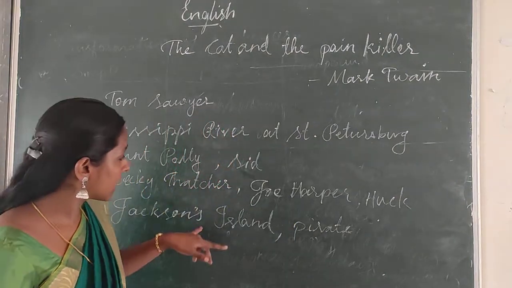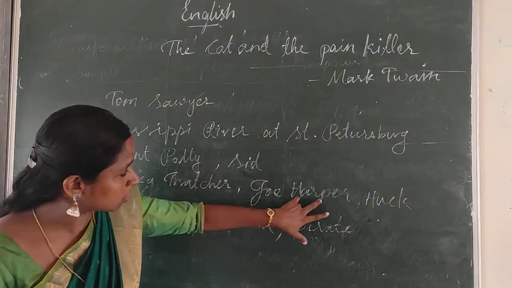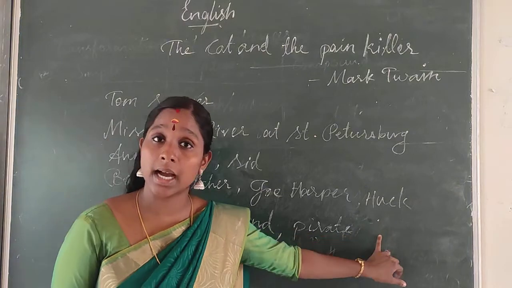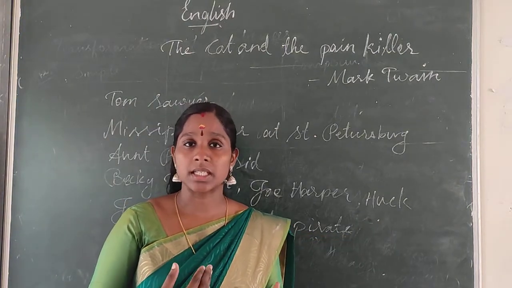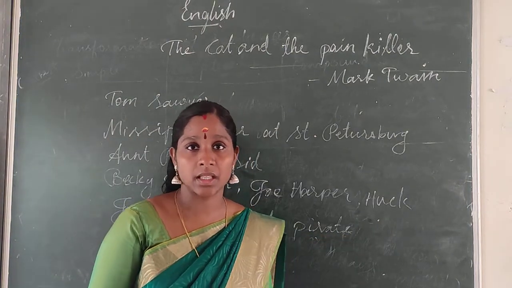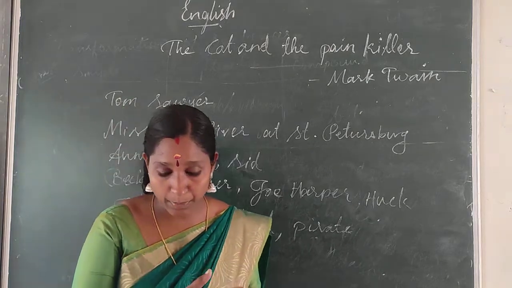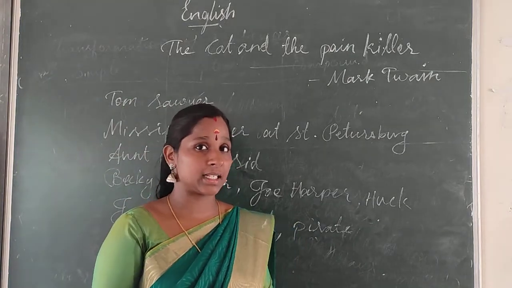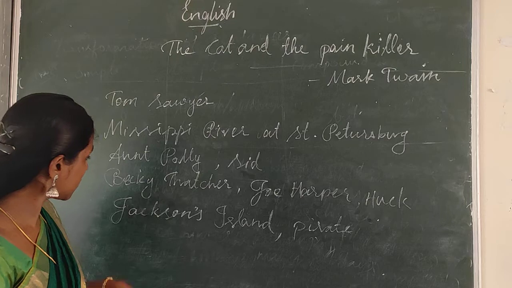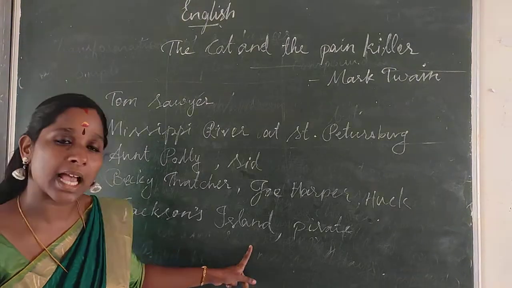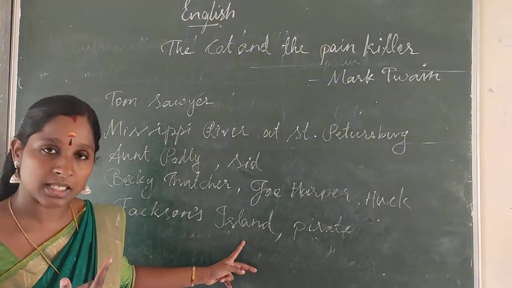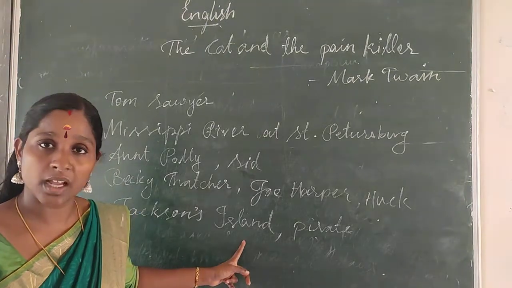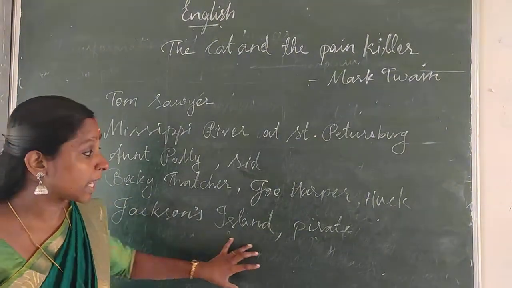So for that, this Tom and these 2 friends, Joe Harper and Huck, these 3 people left from his place to an island. The name of this island is Jackson's Island. They went there. They escaped from their village to become pirates.